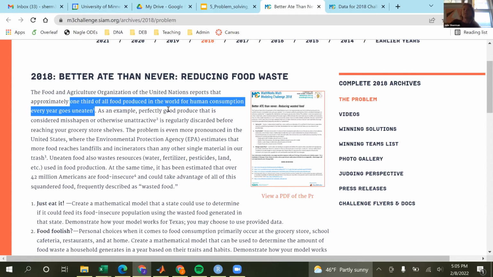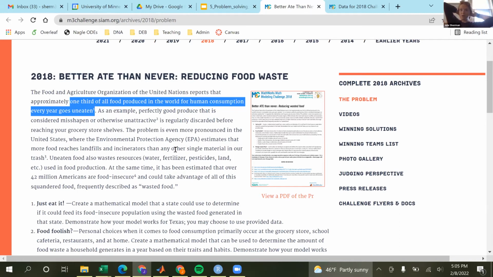As an example, perfectly good produce that is considered misshapen or otherwise unattractive is regularly discarded before reaching your grocery store shelves. The problem is even more pronounced in the United States, where the EPA estimates that more food reaches landfills and incinerators than any other single material in the trash.